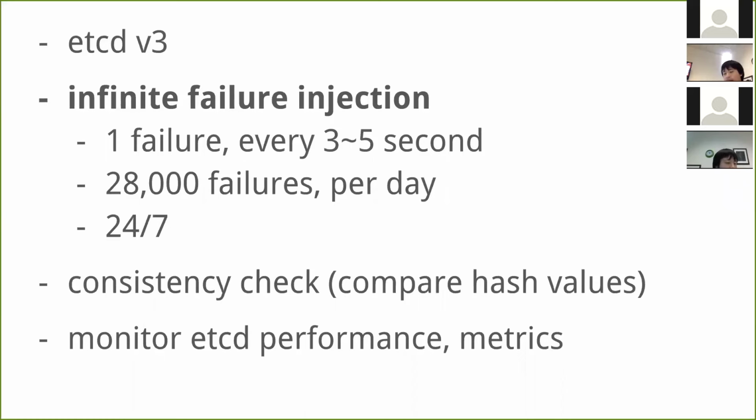So after every round, we compare the hash values of the database to make sure etcd distributes the data in a consistent way. We also monitor the etcd performance, and metrics like CPU usage and memory usage.